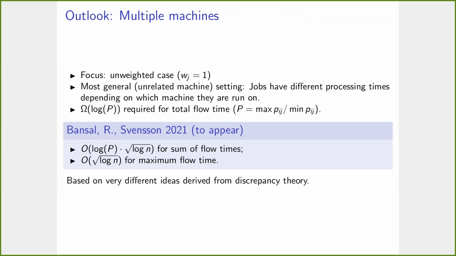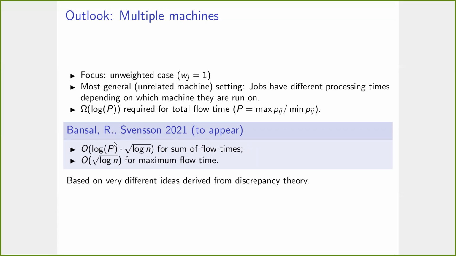So we looked at the unweighted case with multiple machines, and in the most general unrelated setting, this means a job can have different processing times depending on which machine it's scheduled on. And we got a result of order log p times square root log n for minimizing the sum of flow times.